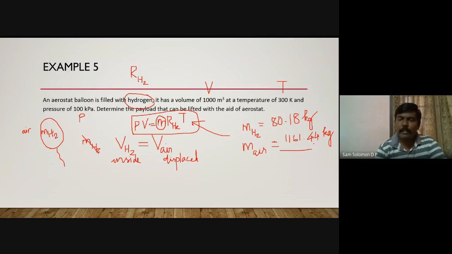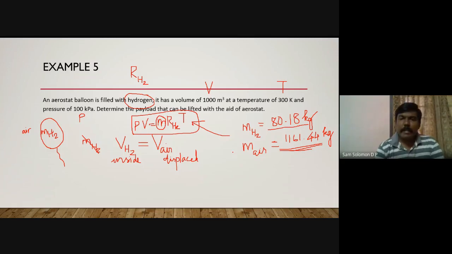That is the equivalent value. The actual mass is 80.18, but because the surrounding is air, you can displace 1161.44 kilogram of air for this much volume of balloon. Now if you subtract this value from here, that is the payload that can be lifted.